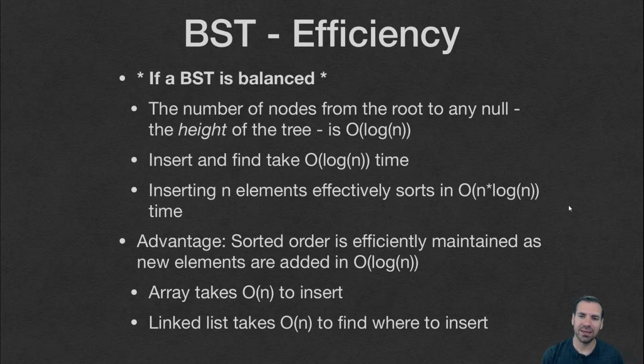Create a BST with your comparator, add all of your elements. You're adding n elements, and each insert takes log n time. You've got yourself an n log n method to insert all the values, and then do an in-order traversal on it, and that's going to give you all the values in sorted order, which takes O of n time to do the traversal. So we have an n log n sorting algorithm.